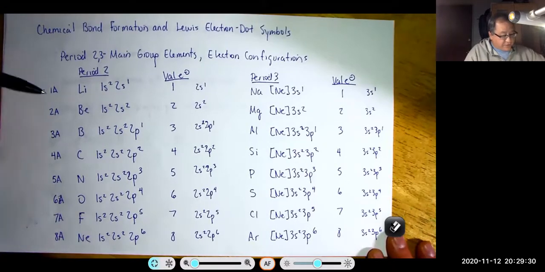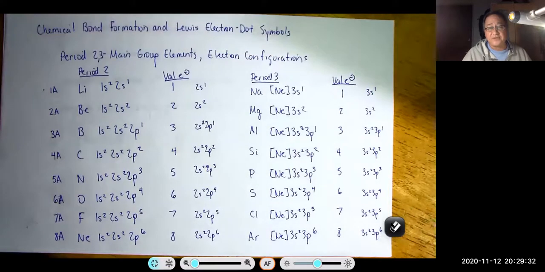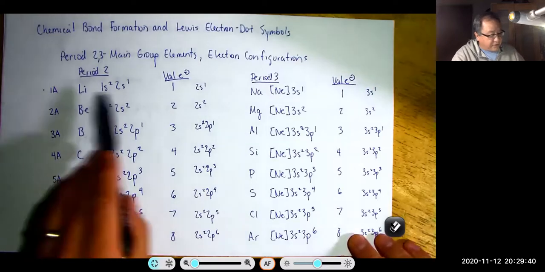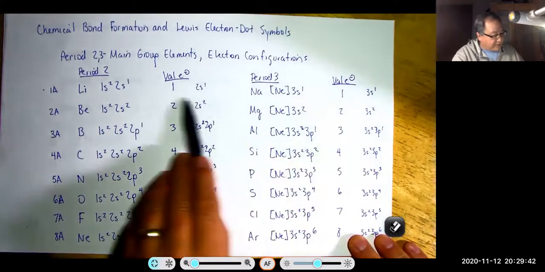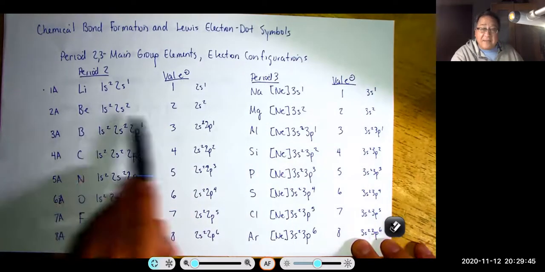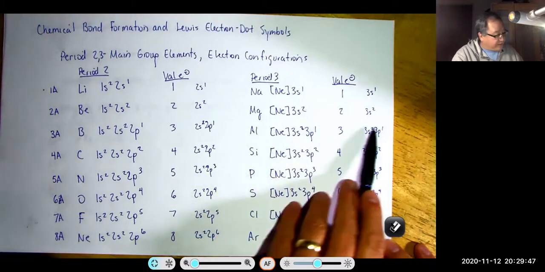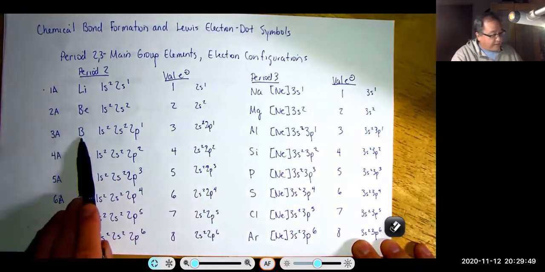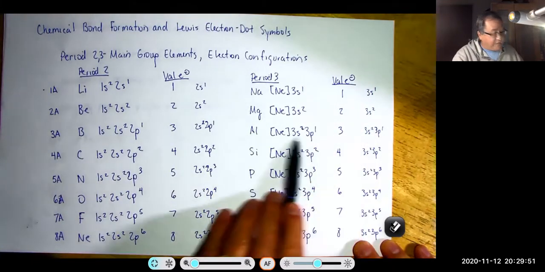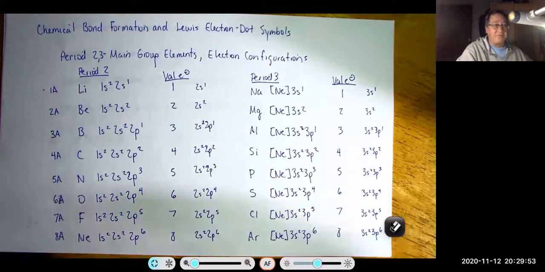The group number tells you how many valence electrons. That also tells you why these elements behave similarly. They have the same number of valence electrons. Lithium behaves like sodium because they both have 1 valence electron. Beryllium behaves like magnesium because they both have 2 valence electrons. Boron behaves like aluminum because they both have 3 valence electrons, and so forth.